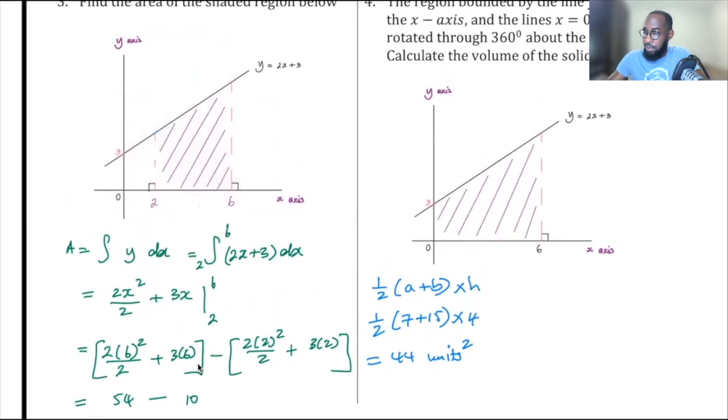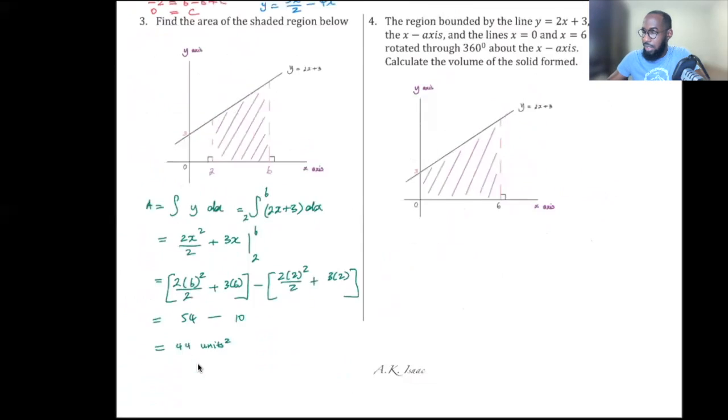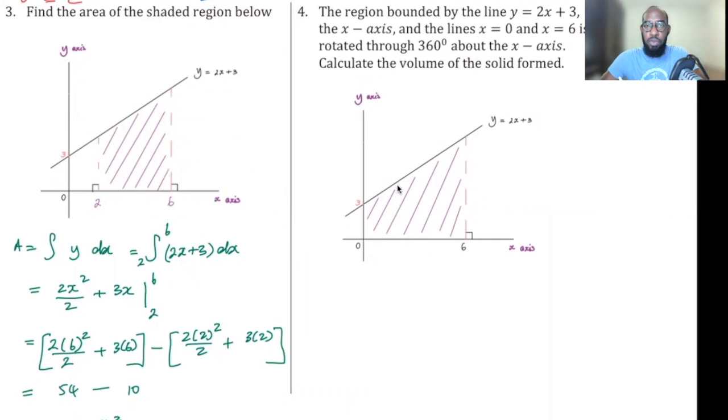For this question, the purpose is to integrate. So here we have to find the volume of the solid formed. This is the equation of the line here. We have x equals 0 and x equals 6 rotated through 360 degrees about the x-axis.